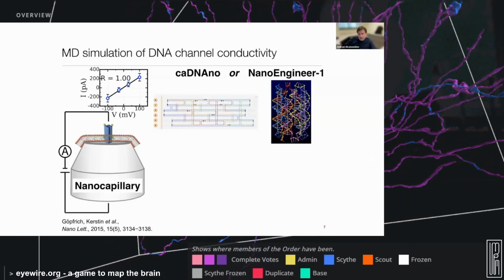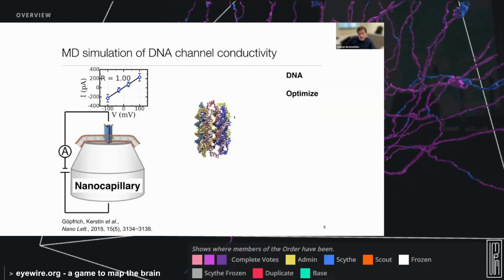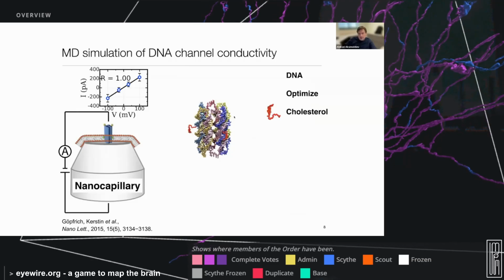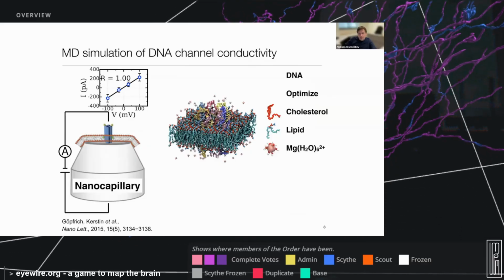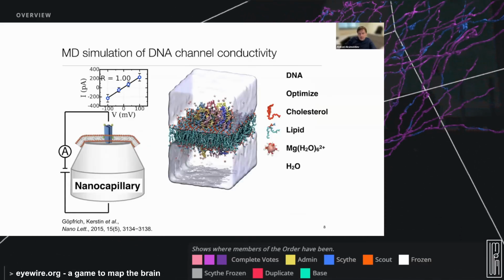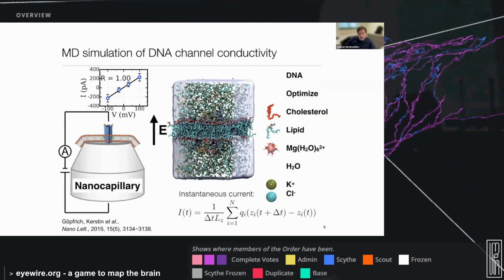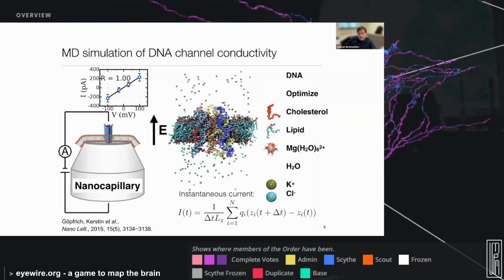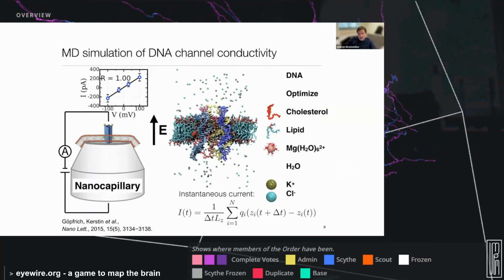We start with the design. We relax the design, add cholesterol anchors, place the whole thing in a lipid membrane, add typically magnesium and some other salt, water, and boom. So we have an all-atom representation of the experimental system. Then we can apply an electric field and see how ions move through it.